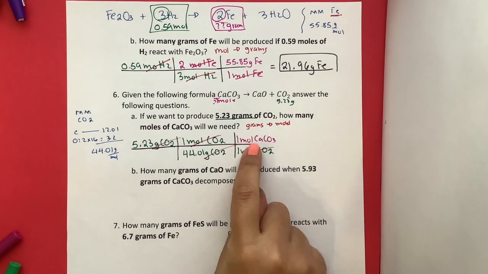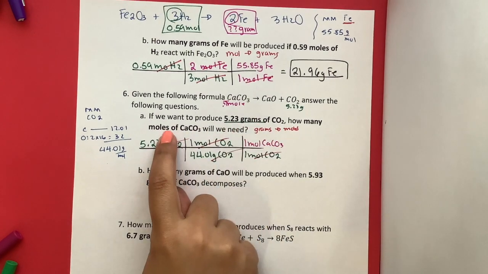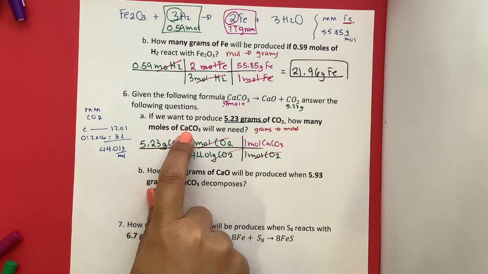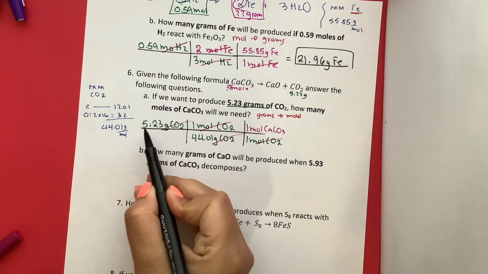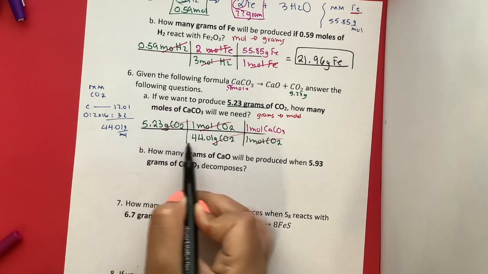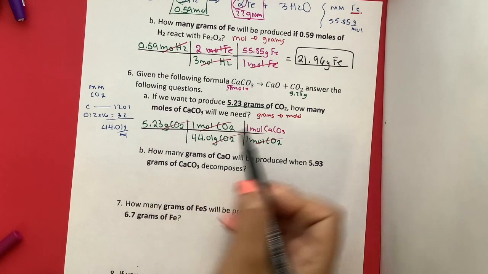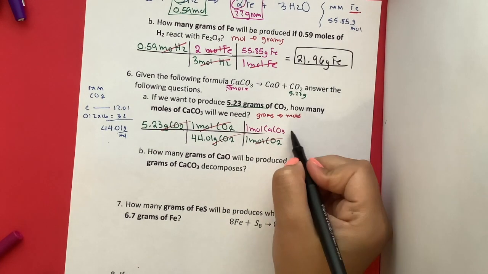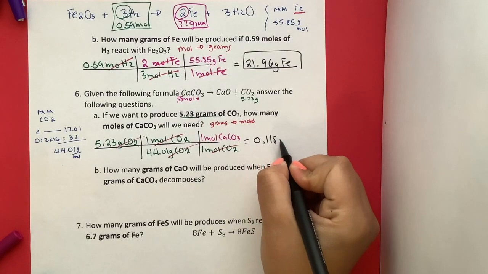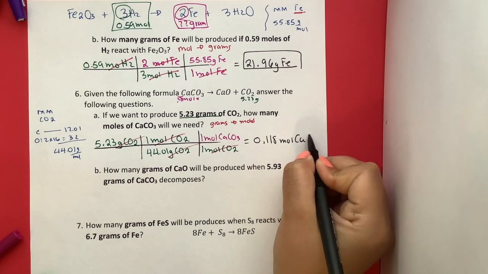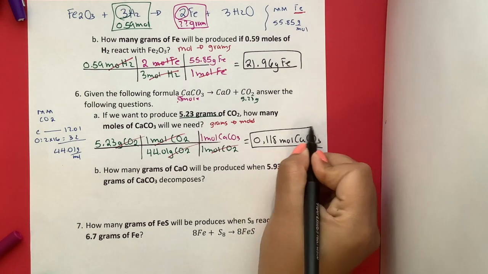The only unit left uncrossed is moles of CaCO3, and that's what the question is asking me for. How many moles of calcium carbonate? So I'm going to get my calculator, do 5.23 divided by 44.01 times 1 divided by 1, doesn't really matter. I get 0.118 moles of CaCO3.